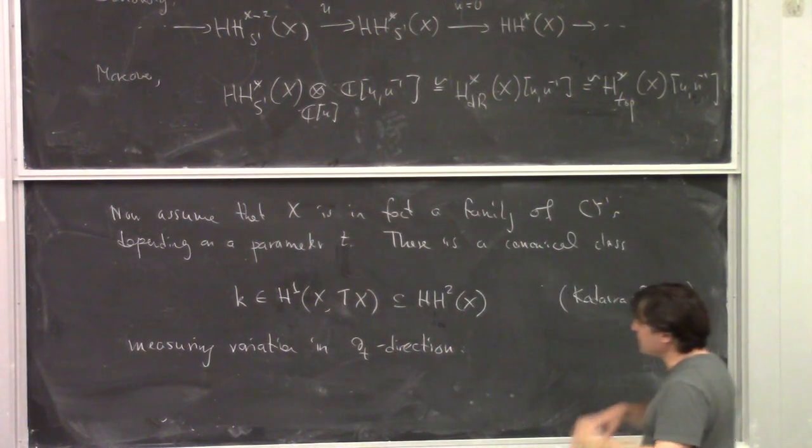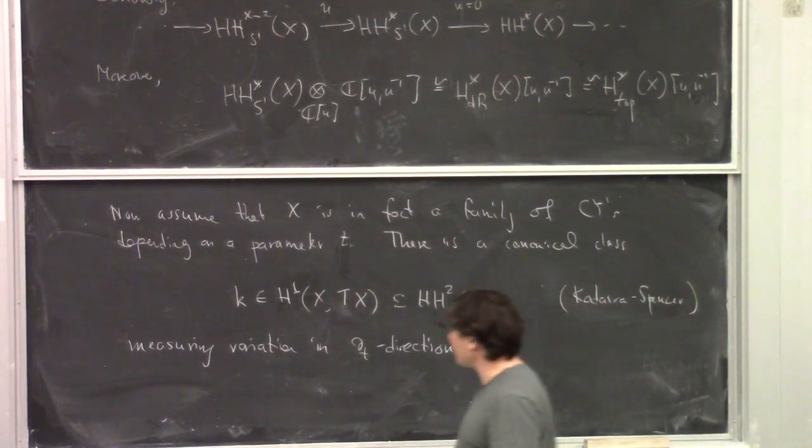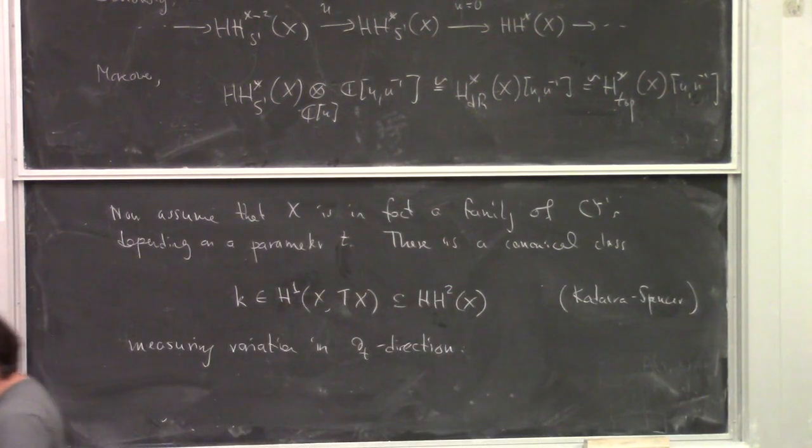That basically measures how your variety changes in the dt direction. It does not involve the holomorphic volume form at this point.